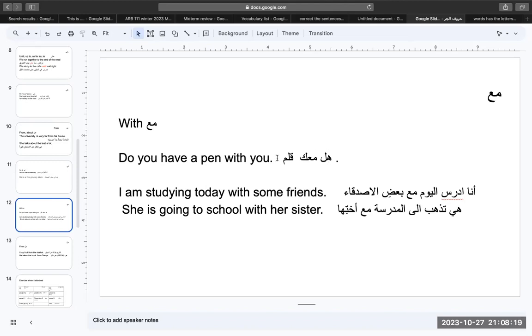Like هل معك قلم? Do you have a pen with you? Here, because with you, you are a human being. So I use مع with معك, which means with you.